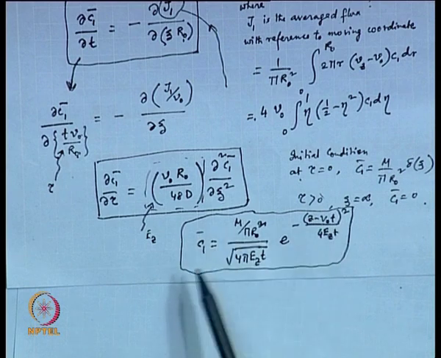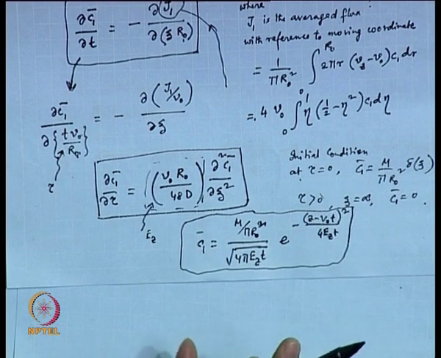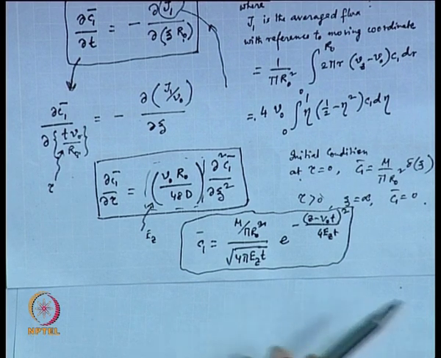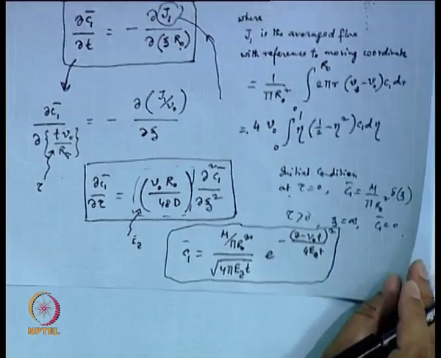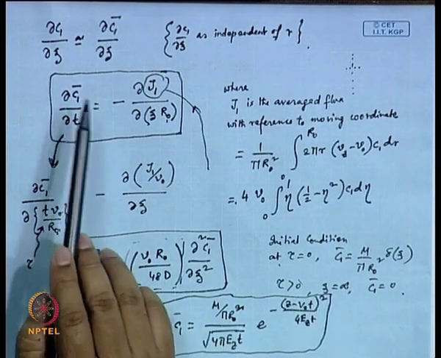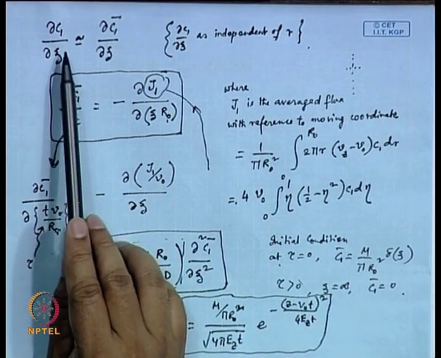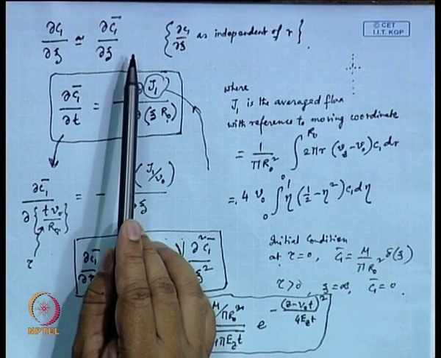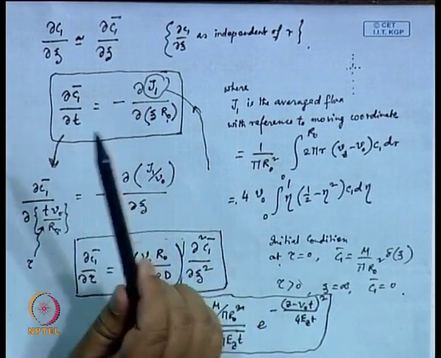This expression, I have pointed out before, has all the inherent features of diffusion of a spot of dye in an infinite medium. If we quickly recap what we have done, we made an assumption here that del C1 del zeta is equal to del C1 bar del zeta. That means the change in concentration along the z axis in the moving coordinate system is treated as the same as the change in average concentration along the same zeta axis.